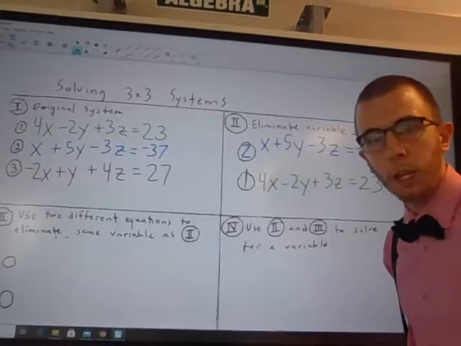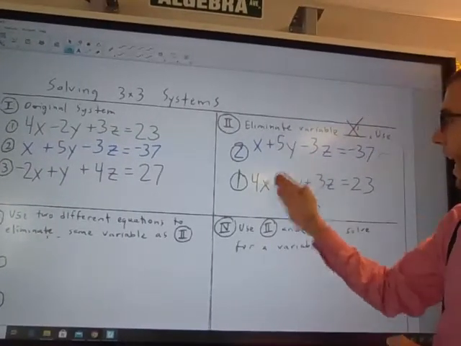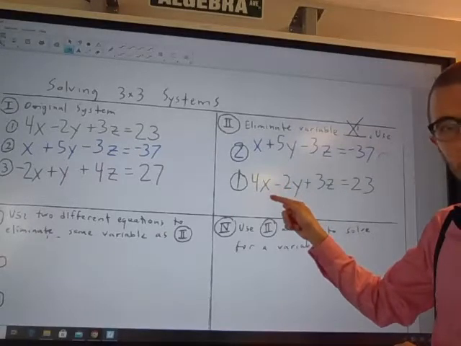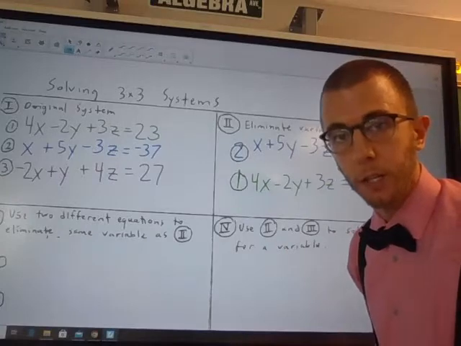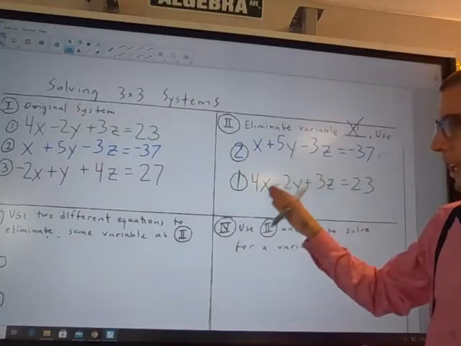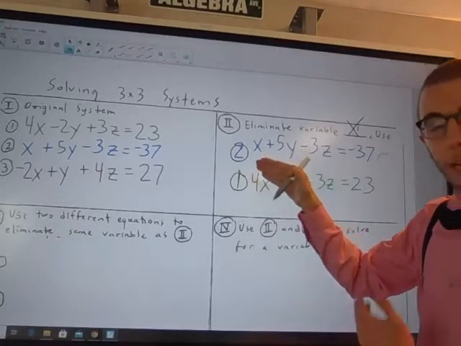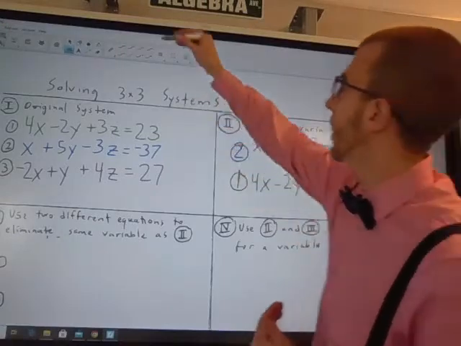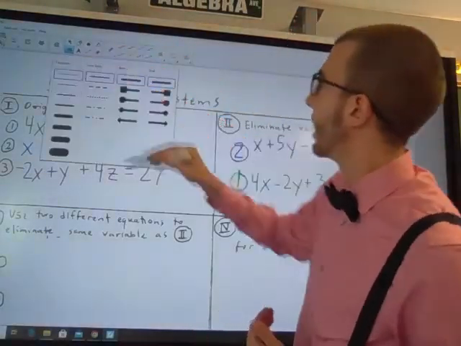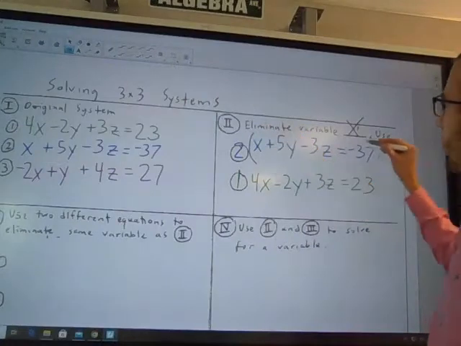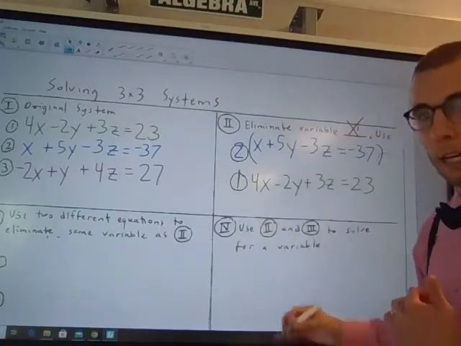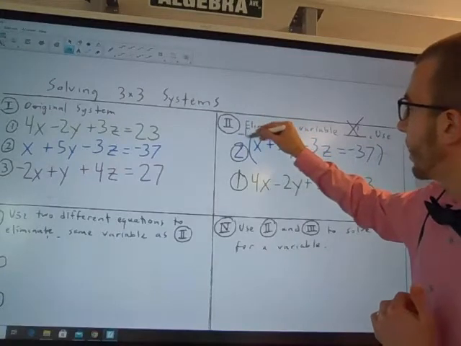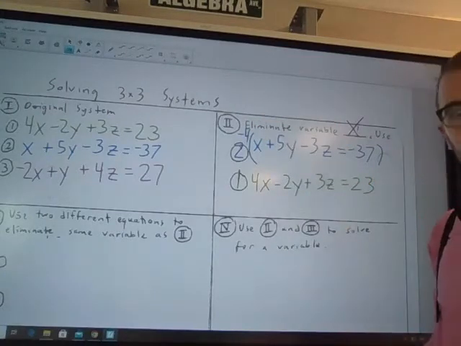Okay, so now if I'm trying to eliminate x, that means I need the coefficients of x to be opposites of each other. So if I have a 4x here, I need this x to be negative 4x. And the only way we can get that is by multiplying this whole equation, every term inside there, by negative 4.